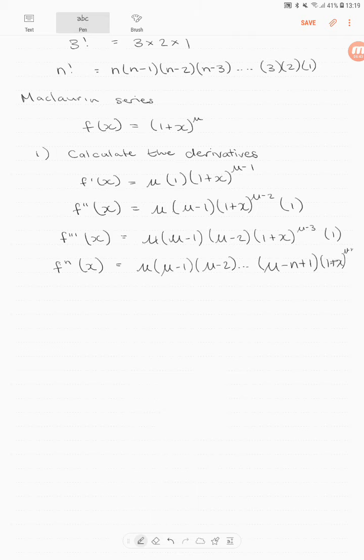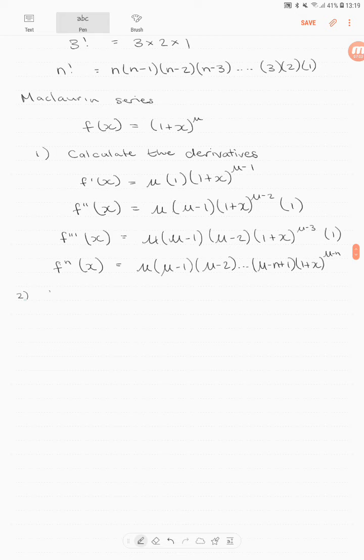Let me just write that a bit more clearly: up to mu minus n plus 1, times 1 plus x to the power of mu minus n.